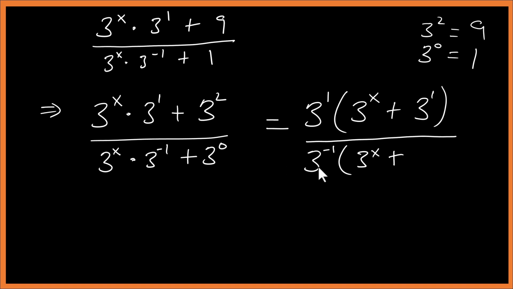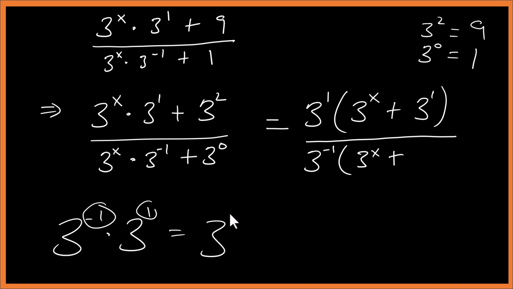Remember, in going back, this 1 times this will give us this. So this 1 times what value will give us 3 to the power 0? When you combine 3 to the power minus 1 and 3 to the power 1, that is 3 to the power 1 minus 1, which is 3 to the power 0. So it means that this 1 times 3 to the power 1 will make it equal to 3 to the power 0. As simple as that.